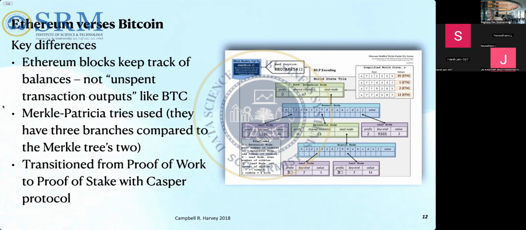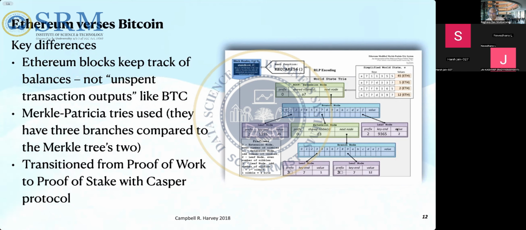So Ethereum also keeps track of the balances, not unlike the unspent transactions in the case of Bitcoin. And they use a different structure called the Merkle-Patricia trie. A trie is nothing but a tree of nodes. Similar to the Merkle tree, you have hash nodes, so the transactions are hashed and put into these nodes.